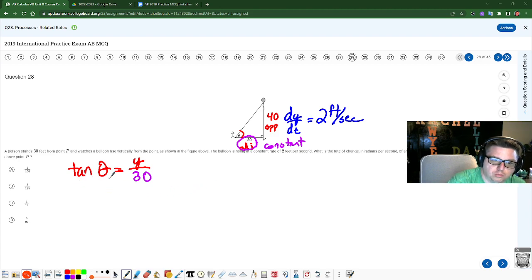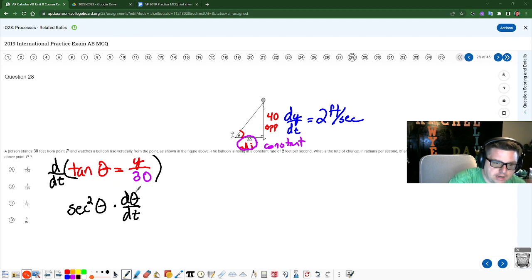So looking at this problem, let's take the derivative with respect to t. Let's do the left-hand side first. The derivative of tangent is secant squared theta times, there's a nested function here, d theta/dt. Now, if it would have been tangent of t, then we would add dt over dt and problem solved.